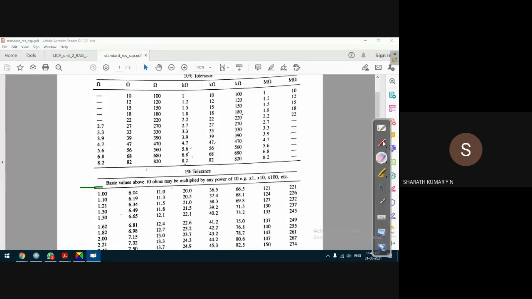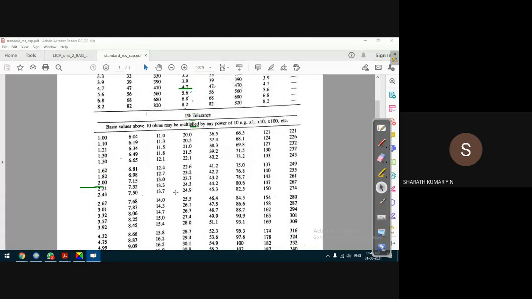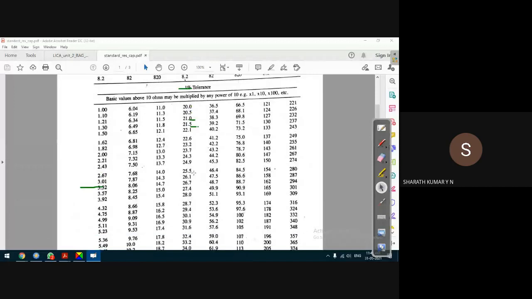For example, with 10% tolerance in the kilo ohm range, one value is 2.2 and the next value is 2.7. If you go for 1% tolerance in the kilo ohm range, look at this case, we have values like 2.21, 2.43, 2.67, likewise.